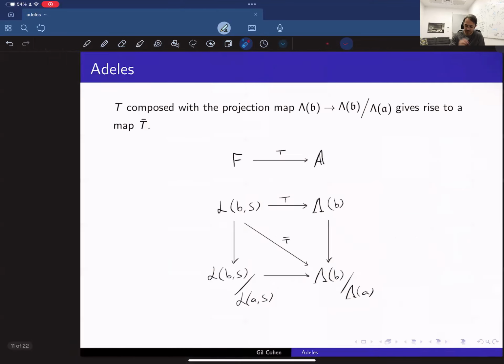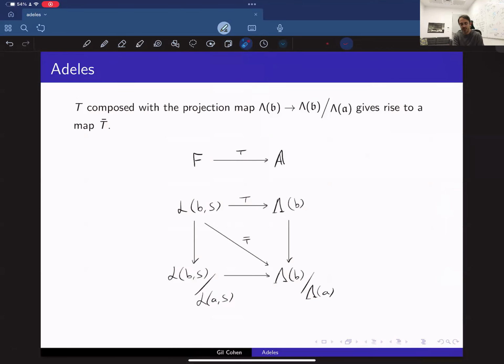Okay, so in pictures, we have the following. We started by defining a map from F to the Adeles. We called it T. And we showed that if you restrict the map to the truncated Riemann-Roch space of B to S, then T will map that restricted domain to lambda B. And also for A, but here I'm only using that. We're going to use A in a second.